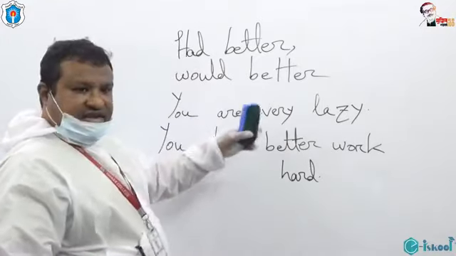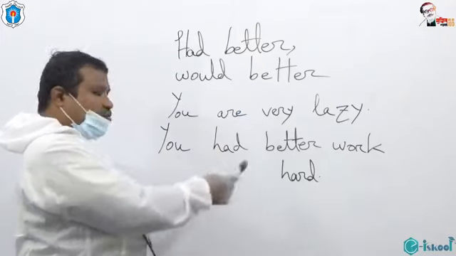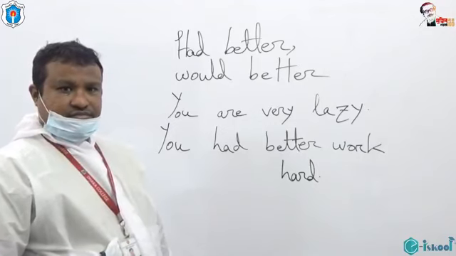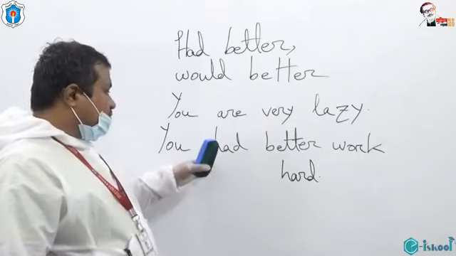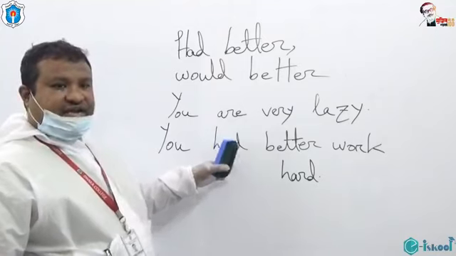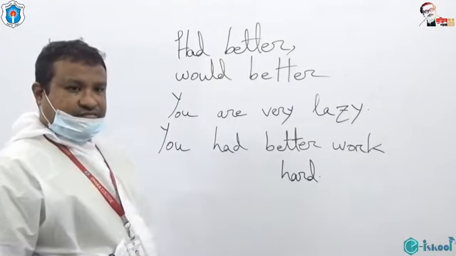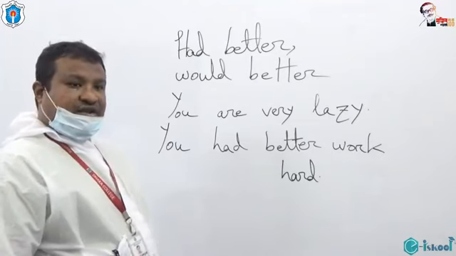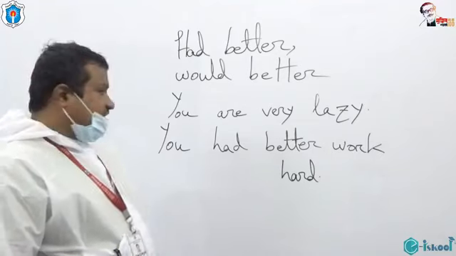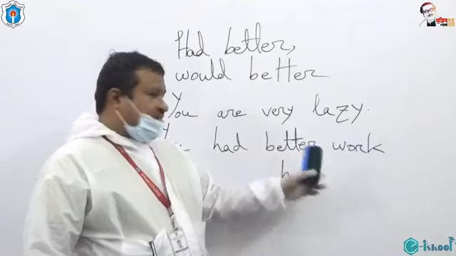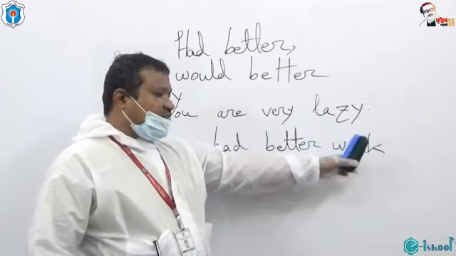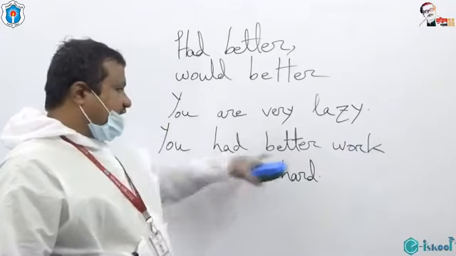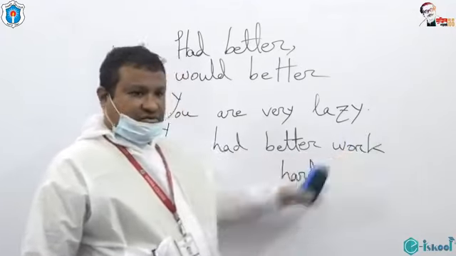You are very lazy, so you had better work hard. When we are using had better, would rather, had rather, then we will complete the sentence with a main verb. That is, after had better and would rather, we will use a main verb. See, had better plus main verb.